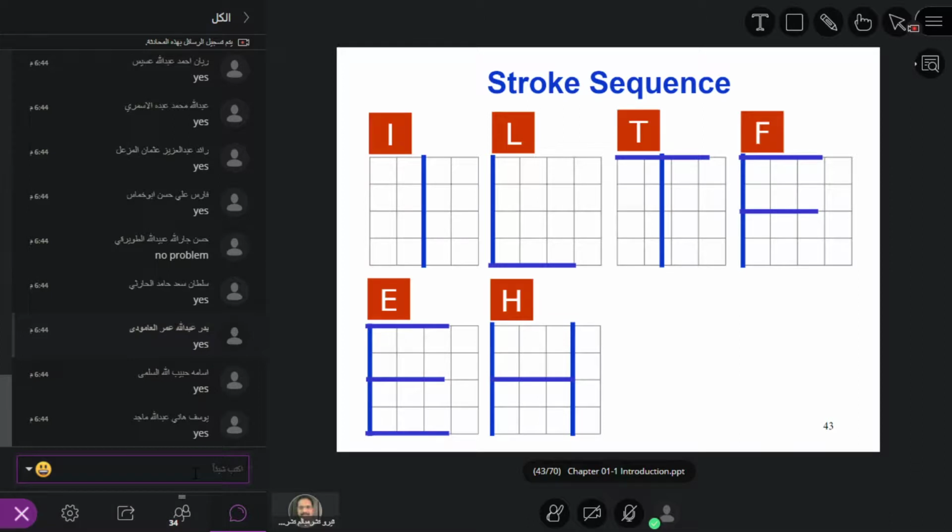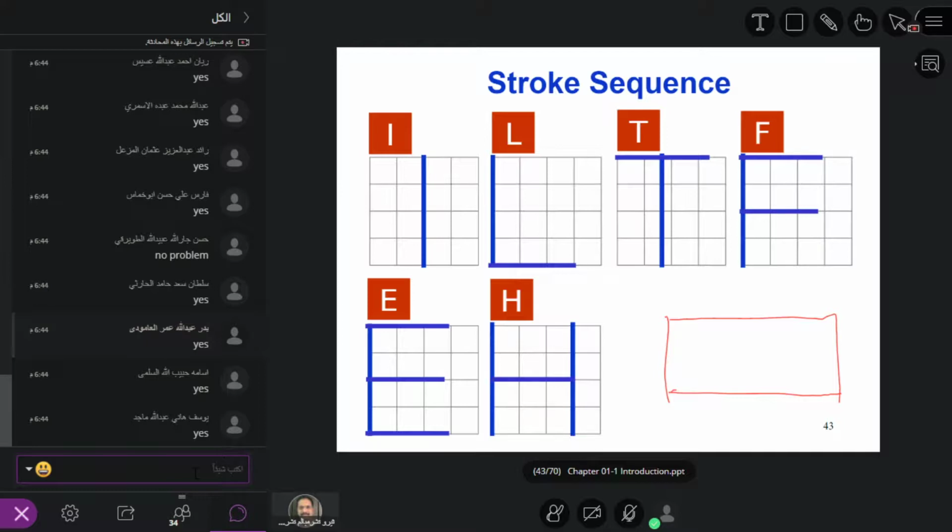So the stroke sequence I, L, T, F, and so on. Then now you see E, H. I think this is pretty easy if you have a template. But if you want to write on your own, you must be very careful.